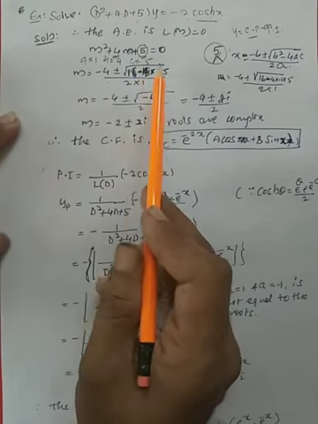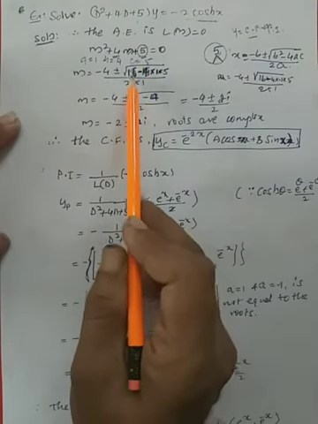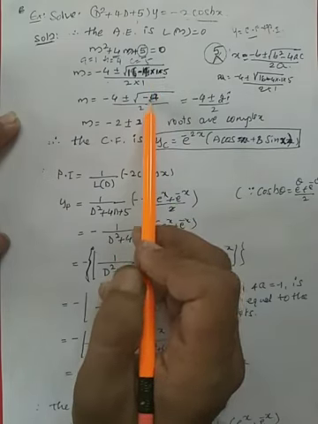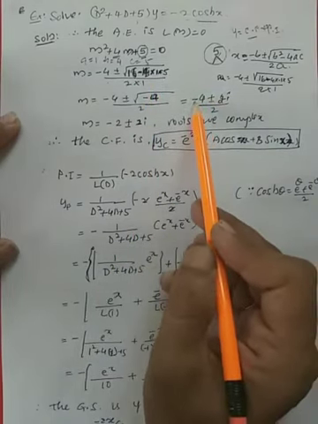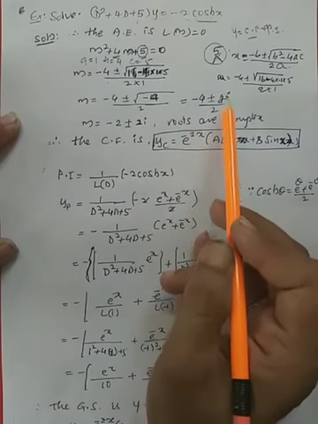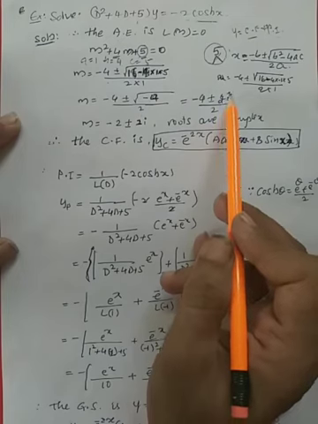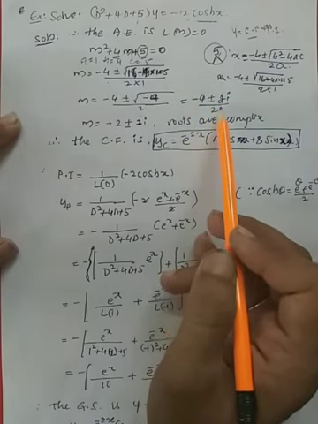After simplifying, it becomes minus 4 plus or minus root of 16 minus 20, that is minus 4, divided by 2. This can be written as minus 4 plus or minus root 4, which is 2, root of minus 1, which is imaginary, that is i. So it can be written as minus 4 plus or minus 2i divided by 2.